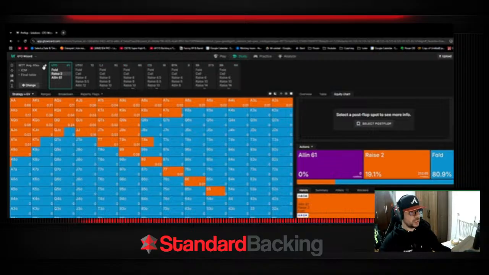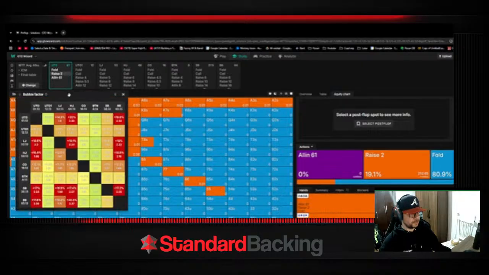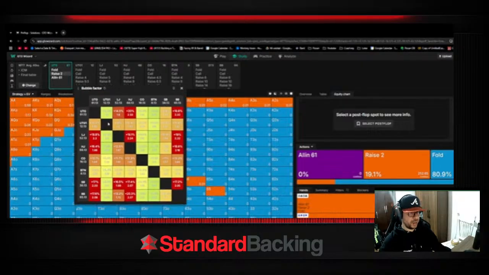We can check this on the bubble factors, and we can see the extra equity that a given range needs. For example, UTG versus big blind is around 19% extra equity. So to make a call, UTG needs 20% extra equity, so the strategy has to be quite passive.